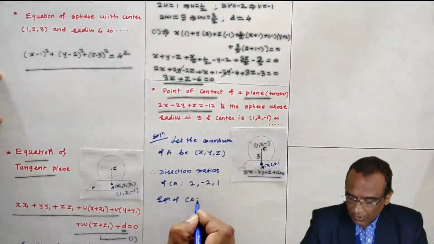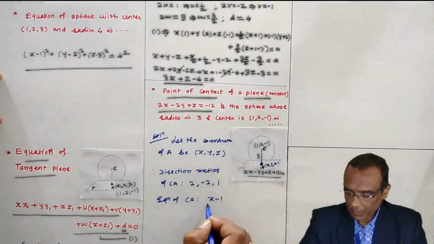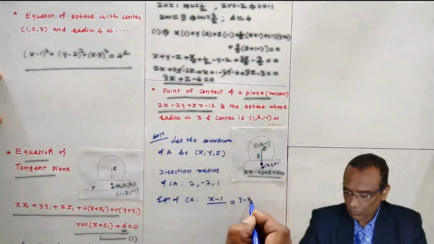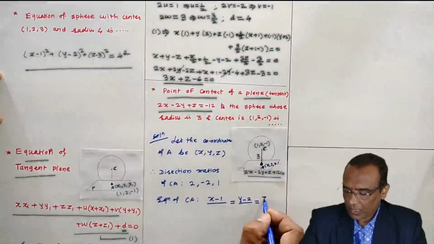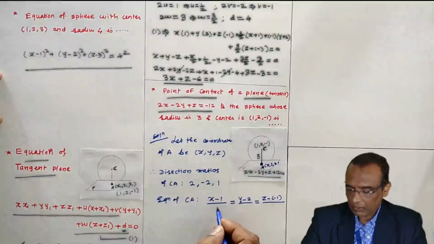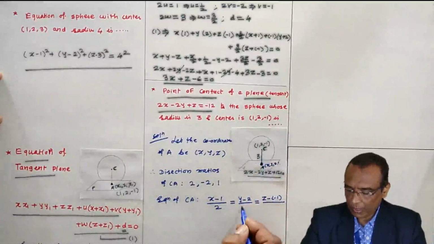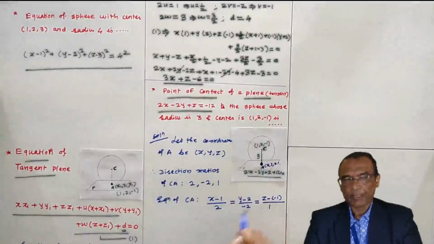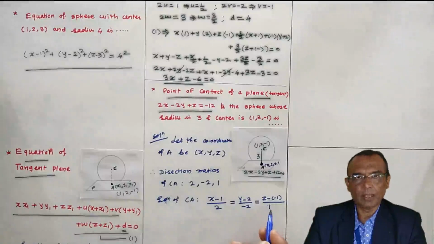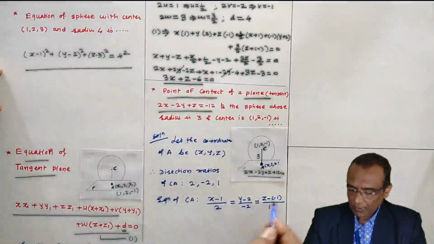Then the equation of CA you can write. How do you write it? X minus 1, as we have seen in preliminaries, Y minus 2 and Z minus the third coordinate, over the direction ratios of CA, 2, minus 2, 1: x minus a by l, y minus b by m, z minus c by n. This is the equation of line CA.